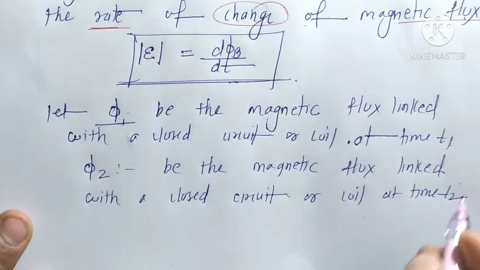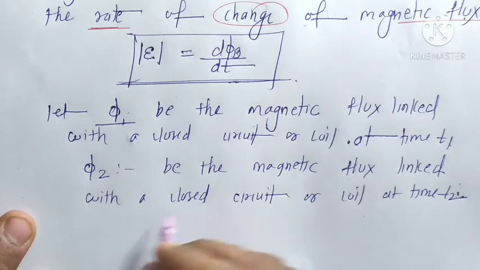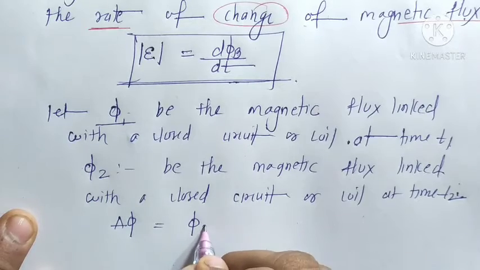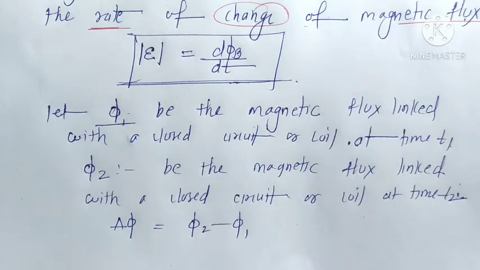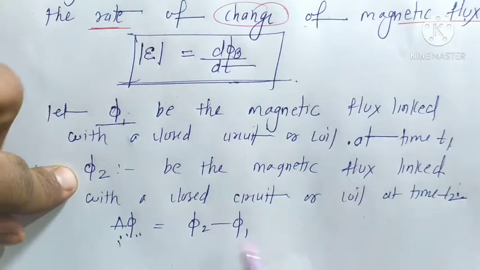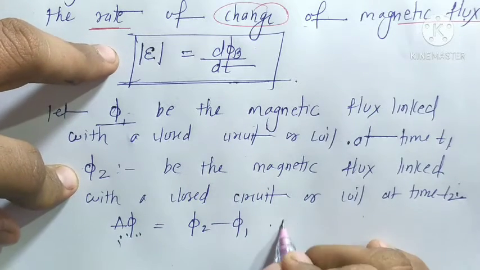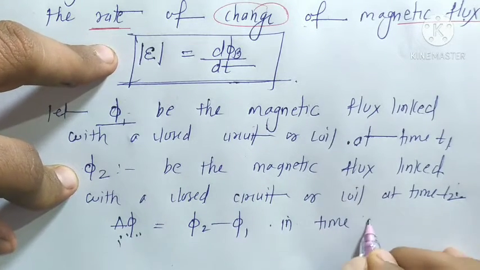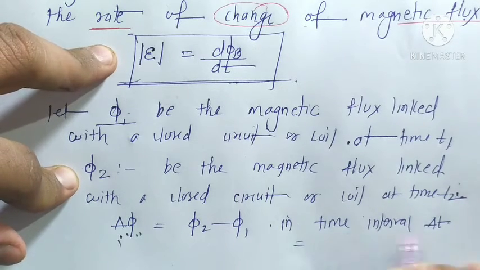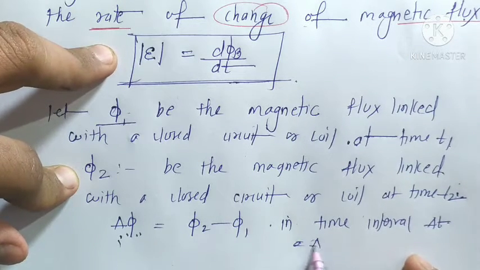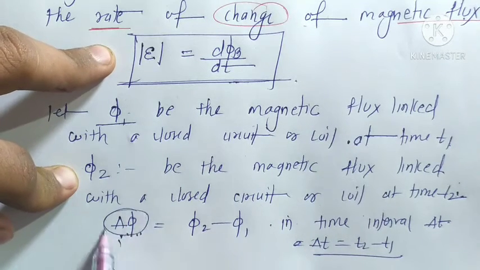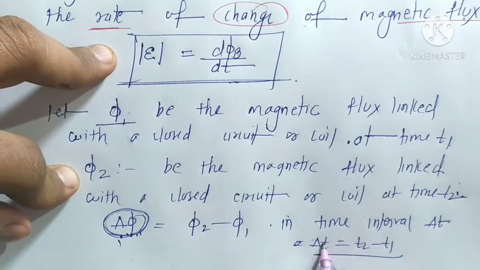Then the change in magnetic flux, delta phi, is equal to phi 2 minus phi 1. This is the change in magnetic flux in the time interval delta t, and delta t is equal to t2 minus t1.